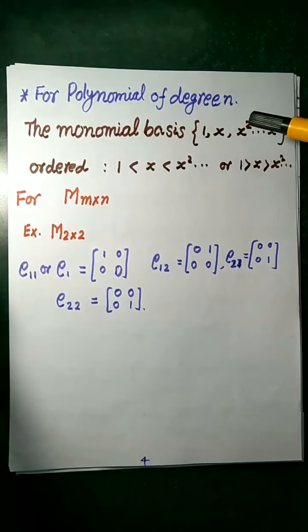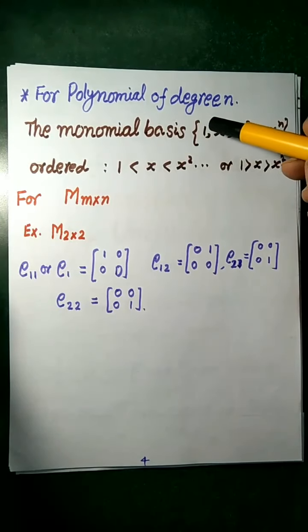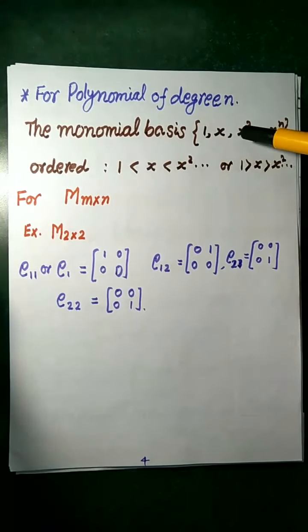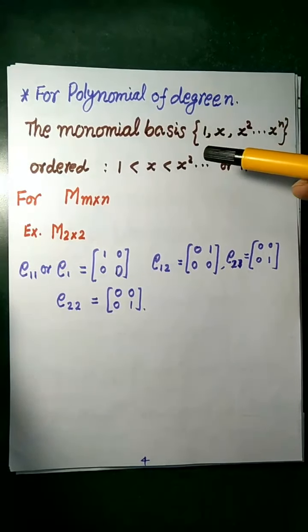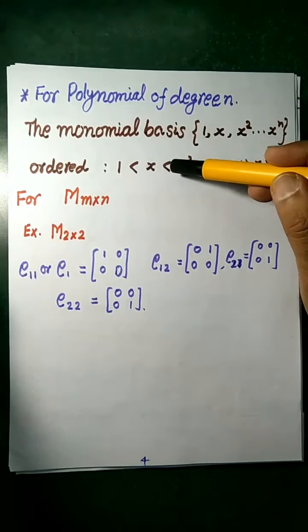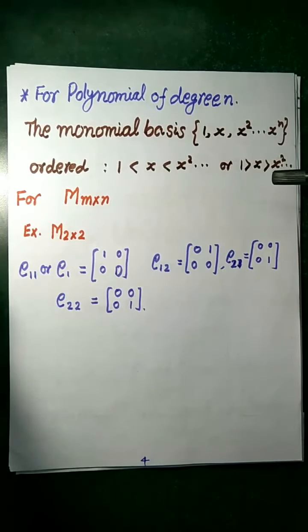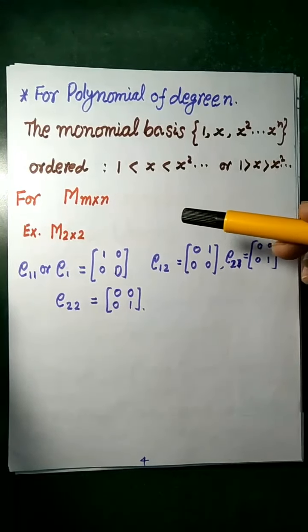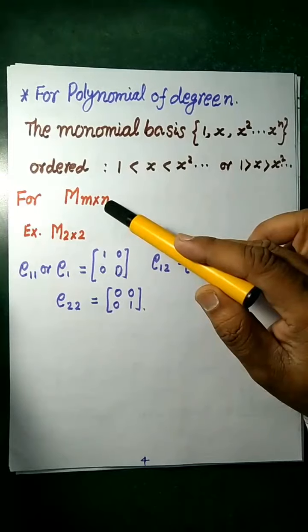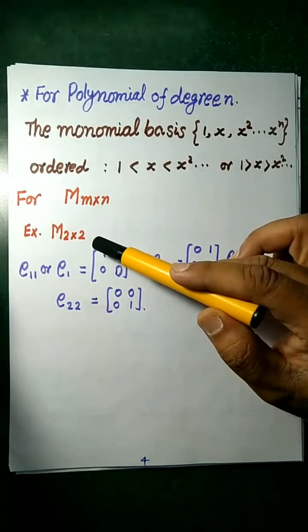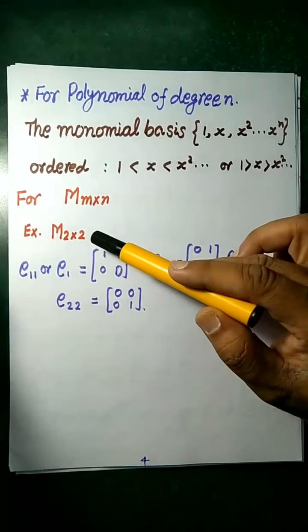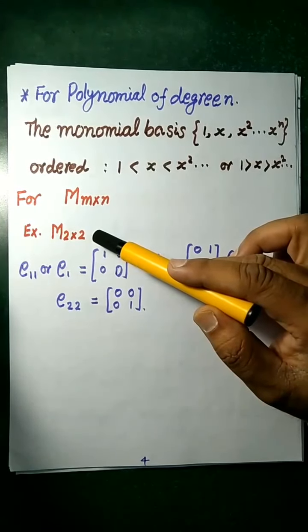Let us consider polynomials of degree n. So the monomial basis will be 1, x, x square, up to x to the power n, written in increasing order or decreasing order. Let us consider a matrix of order m by n. For example, we are taking a matrix of order 2 by 2.